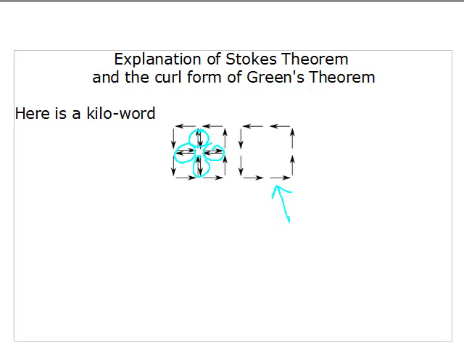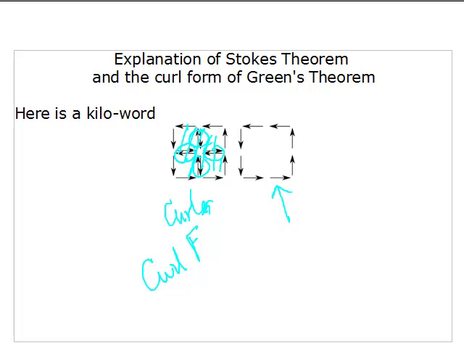So, in other words, this would be the curl throughout the region, and, I'm sorry, curl doesn't have an E on the end, so this is the curl of F over that region.